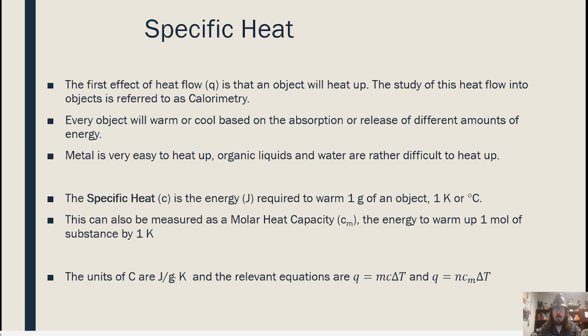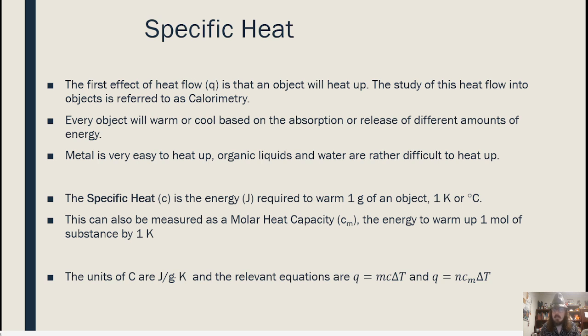Now, every object will warm or cool based on the absorption or release of relative amounts of energy. The amount of heat change does depend on the amount absorbed, but it also depends on the object.